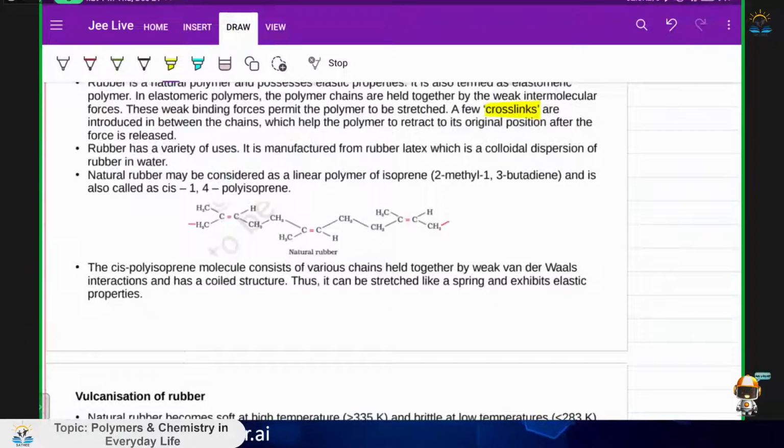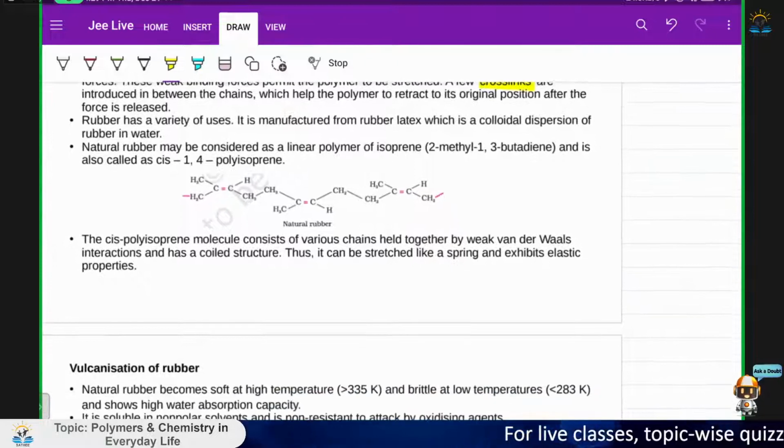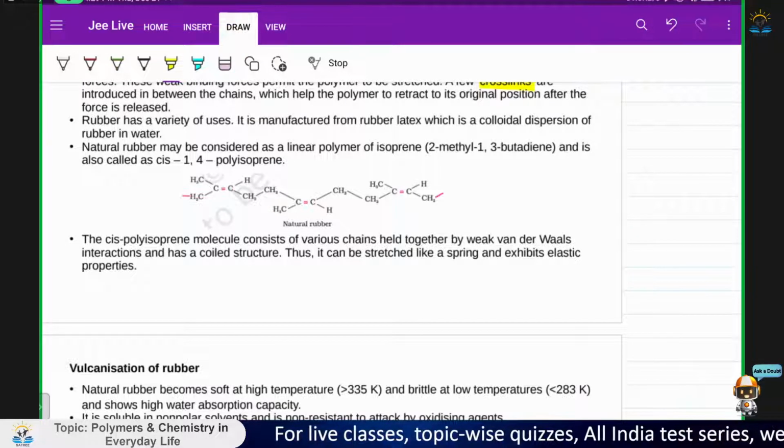Rubber has a variety of uses. It is manufactured from rubber latex, which is a colloidal dispersion of rubber in water. So we obtain this rubber latex from the rubber tree and use that to produce rubber. Natural rubber may be considered as a linear polymer of isoprene, 2-methyl-1,3-butadiene. That is what's known as isoprene.